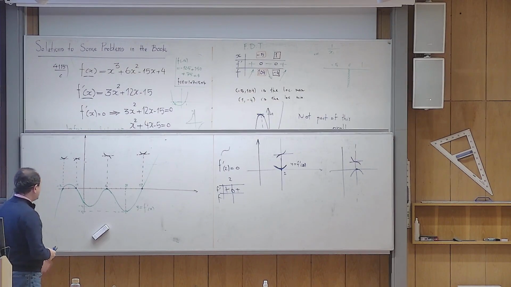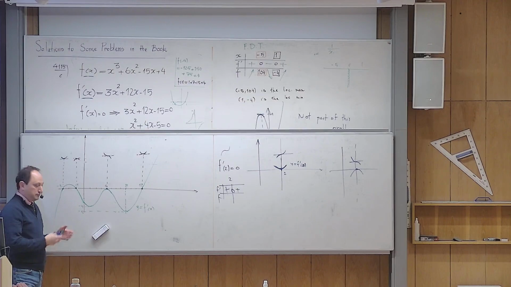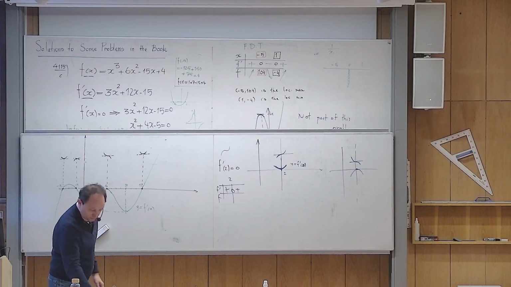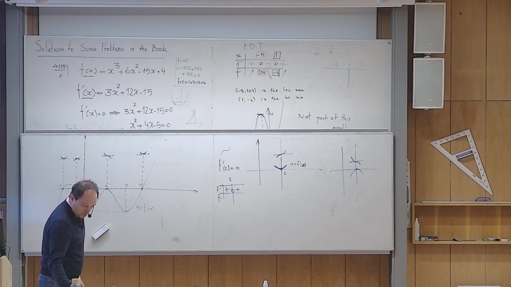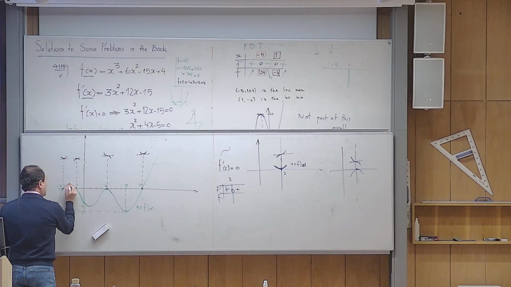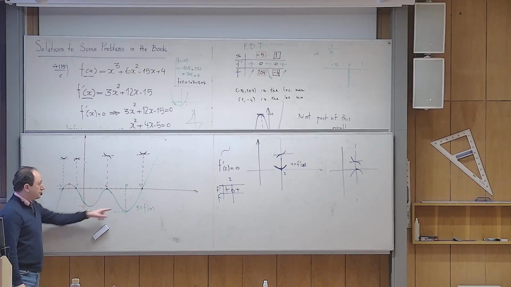For example, can you tell me other points of importance for the graph here? Let me change my color. This is no longer part of the solution. So let me ask you, what is your opinion about this point for the derivative?